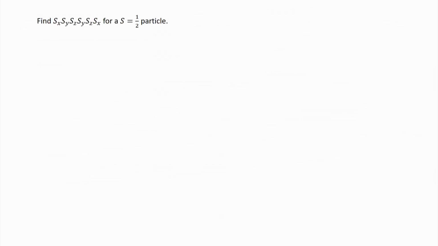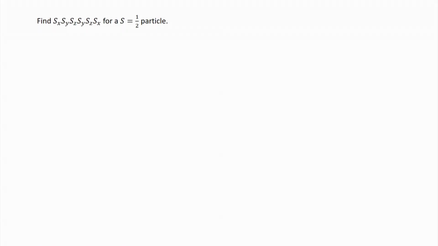So, let us now do this simple problem for spin algebra. It says to find Sx, Sy, Sz, then Sy, Sz, Sx for a spin half particle. The reason that I am doing it here is that one should know about the spin half algebra, and there are certain properties that need to be used, and these are quite informative at least in the context of spin half particles.